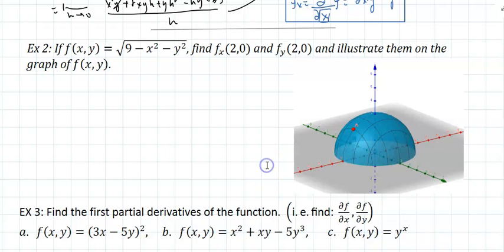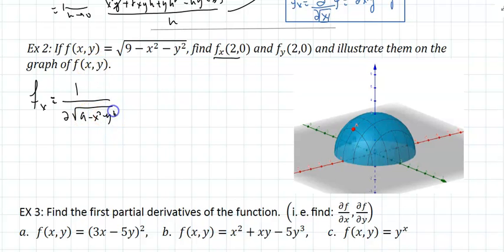There. So if I want to take the partial with respect to x, wouldn't you say that's 1 over twice the square root of 9 minus x squared minus y squared? F sub x: the derivative of a radical is 1 over twice the radical. That's hopefully common sense.